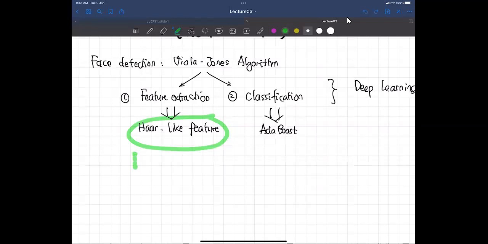Type 3 Haar-like features look like this. And this one is most likely corners. I do not know, but you can try yourself and do the convolution using these filters and see what happens. I think some of them will give you some corners.